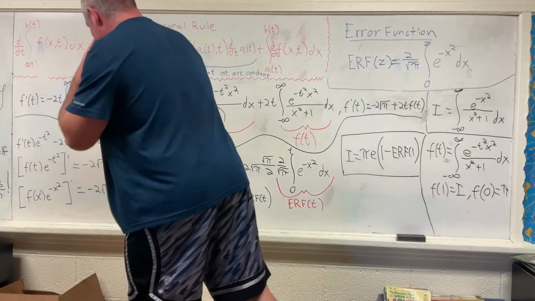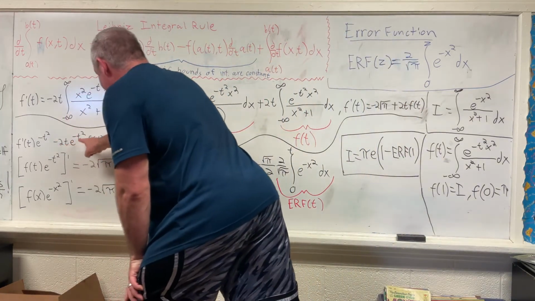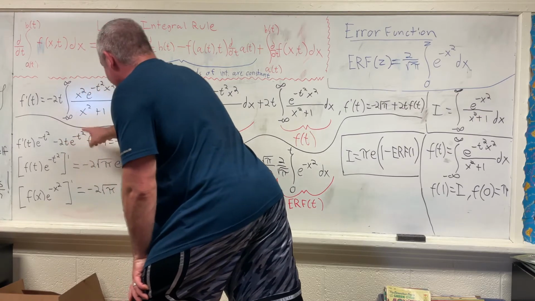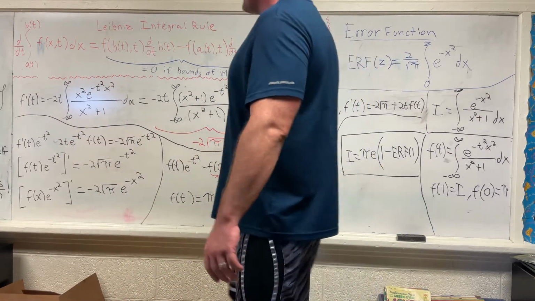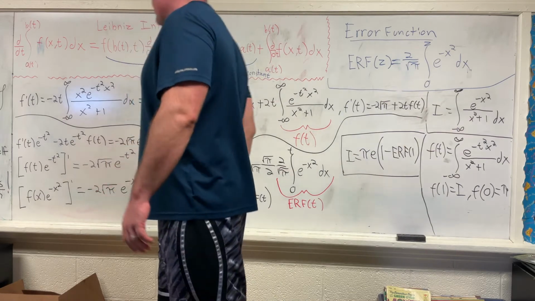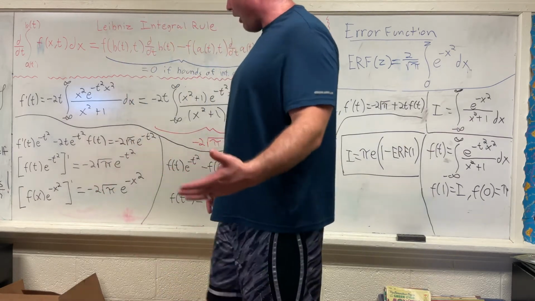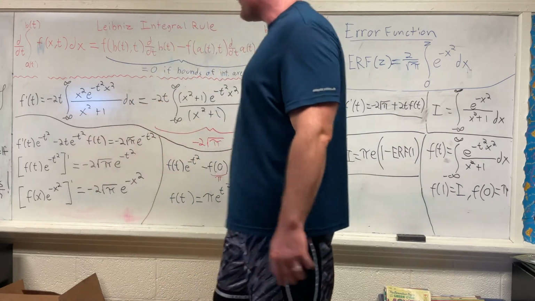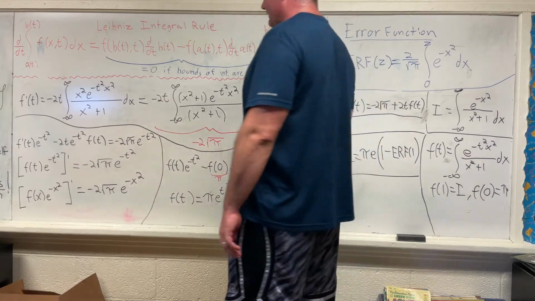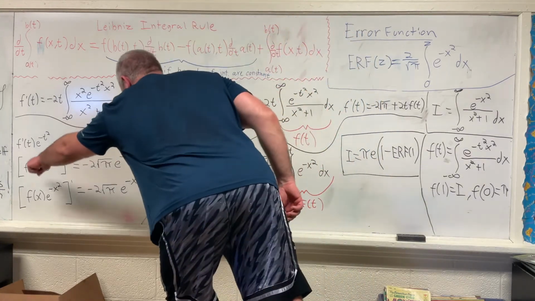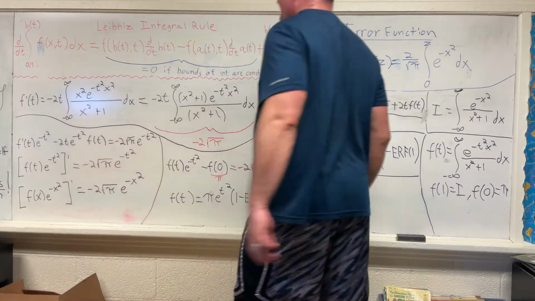The derivative of the second is negative 2t e to the negative t squared, times the first, f of t. So that's how I justify writing it that way, because it is the result of a product rule when you take the derivative with respect to t of that equation right there.